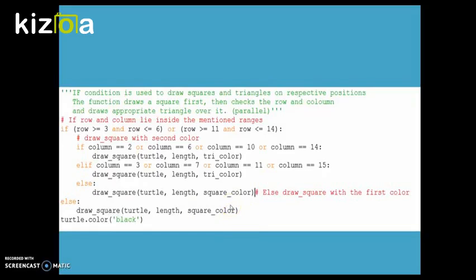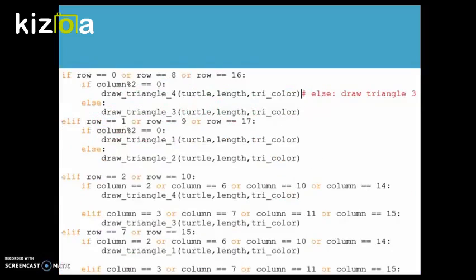The next section of the if statement code is I made it so that if the row is equal to 0 or 8 or 16, it's going to go into another if statement, and then it's going to take the modulus of the column, and if that modulus is equal to 0 again, it's going to draw triangle 3.